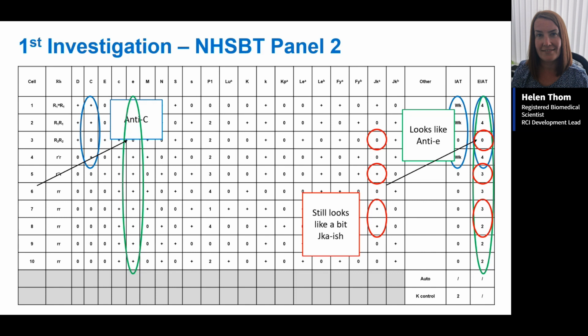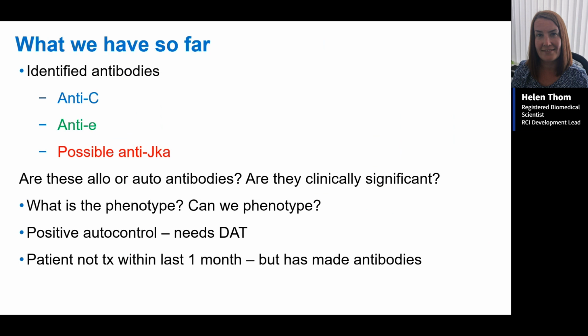I didn't have 2 positive examples. I didn't have 2 negative examples. I just had a sniff of a Jka. When you work in a reference lab, you do become a bit obsessed with them. So what we've got so far is an anti-big C, an anti-little e, and a possible anti-Jka.